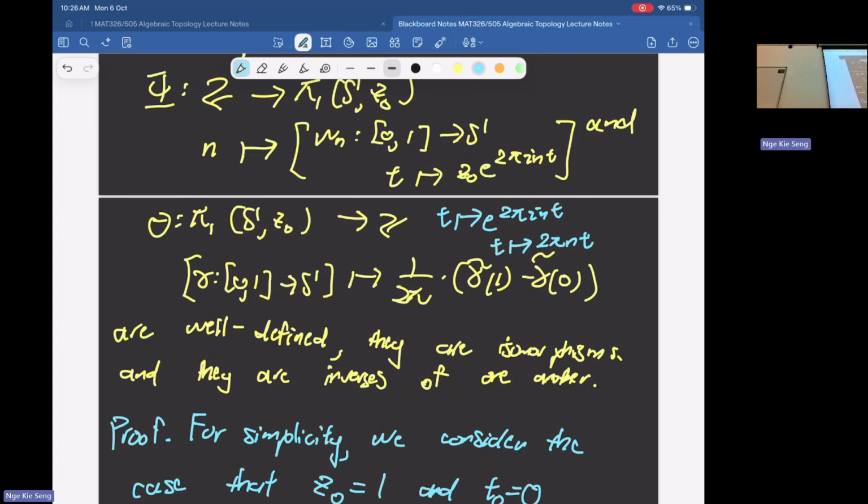What we're going to show next is that this loop will always be homotopic to some omega n. You must come back to the point you started from, so this kind of path counts how many rounds you run around the circle. We're going to show this fact here.